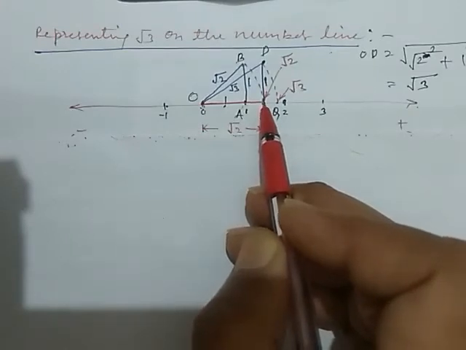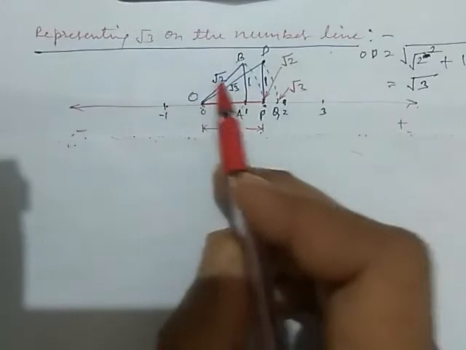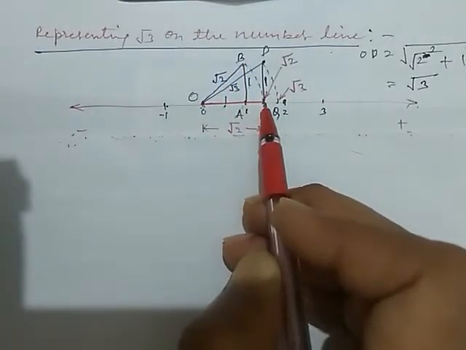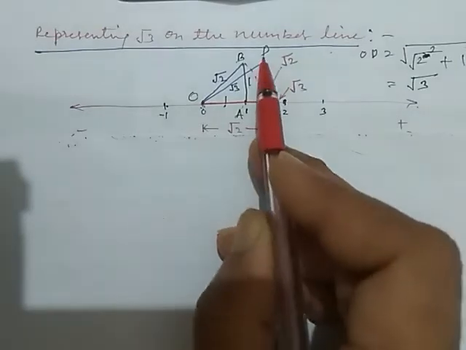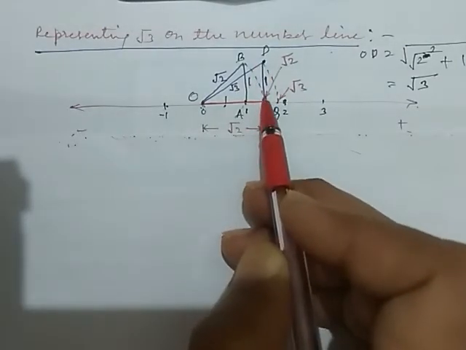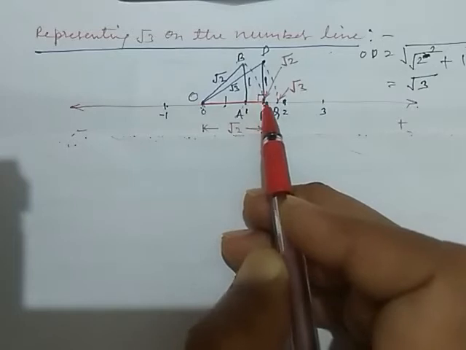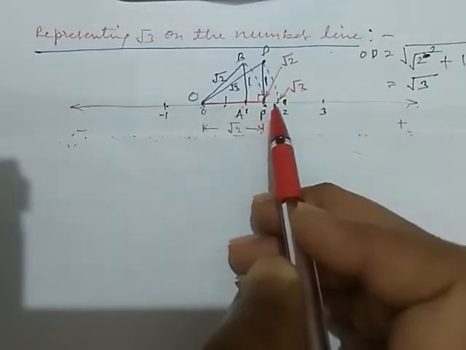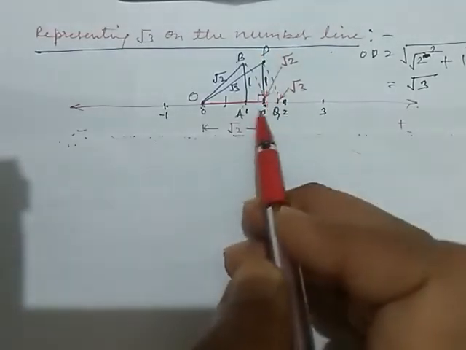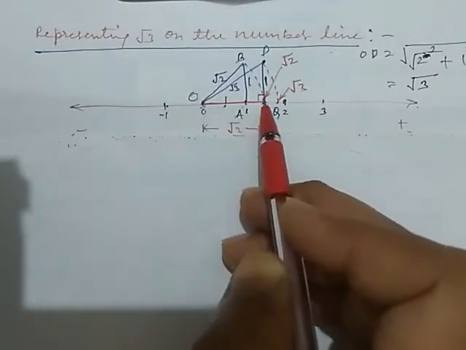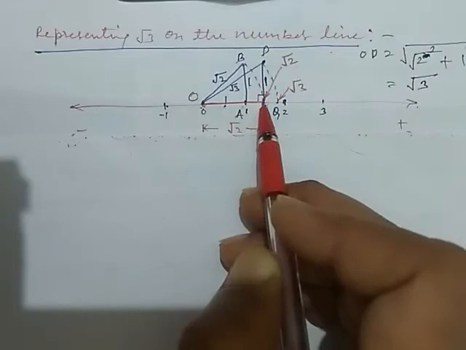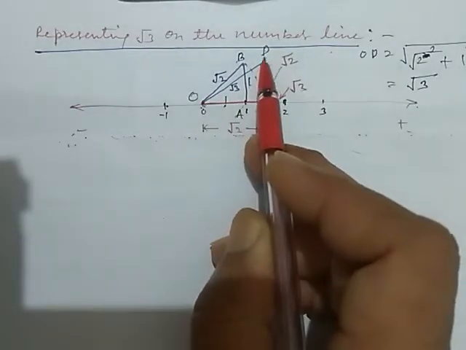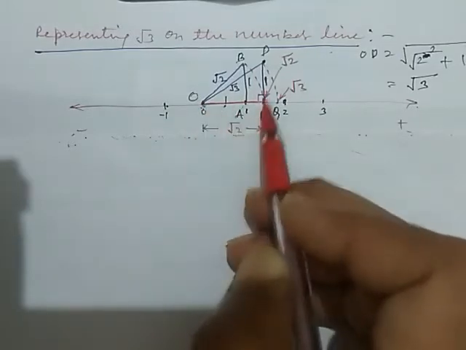Or if we want to plot it, then use this method. Then this P is root 2. Now draw a 1 unit line perpendicular to this. This PD is perpendicular to OP. This is root 2 and this is 1 unit, and this is the diagonal, the hypotenuse of OPD.